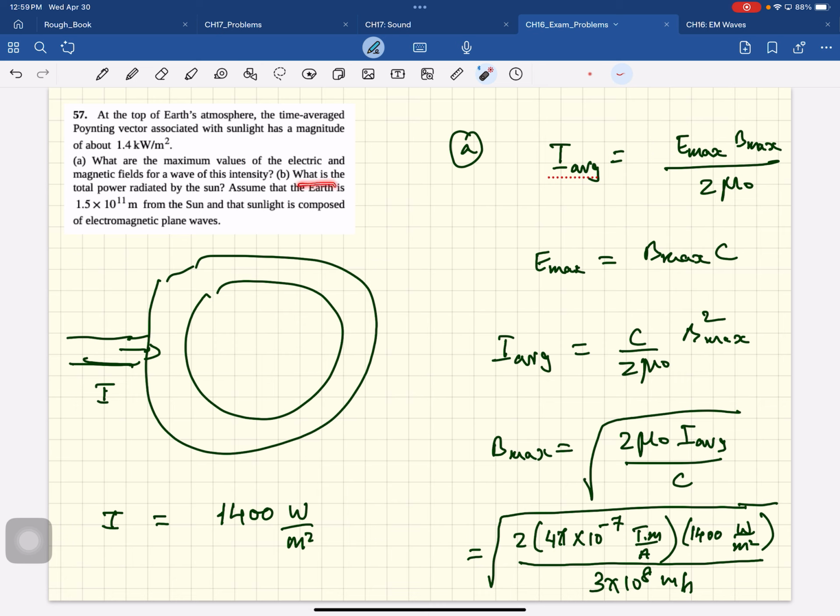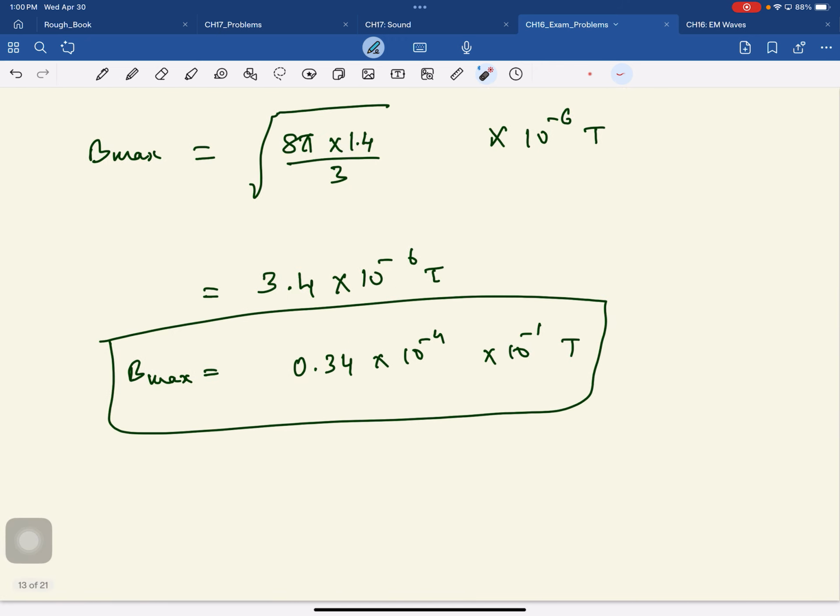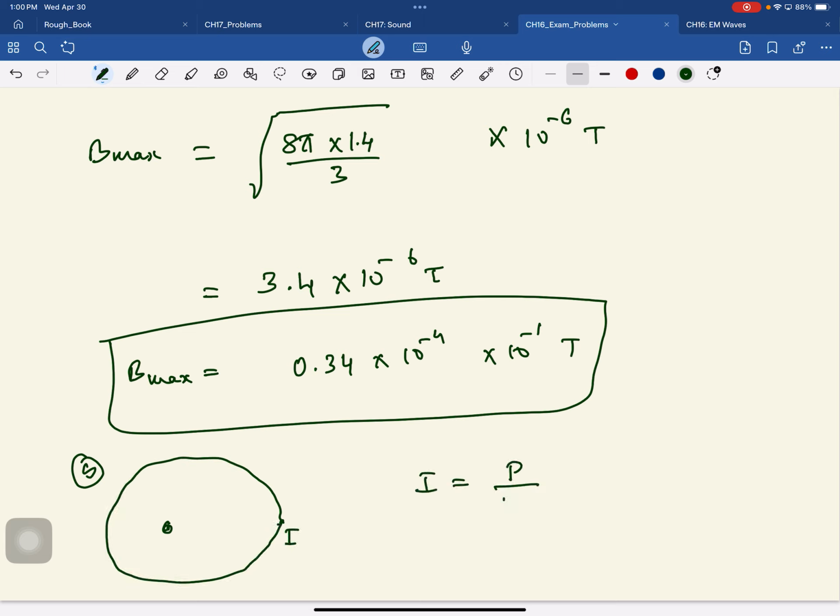What is the power radiated by the sun, assuming that the Earth is 1.5 times 10 to the 11 meters from the sun? Now, for part B, so here's the sun, and here's the Earth. The intensity is given by the power of the sun divided by 4 pi r square.